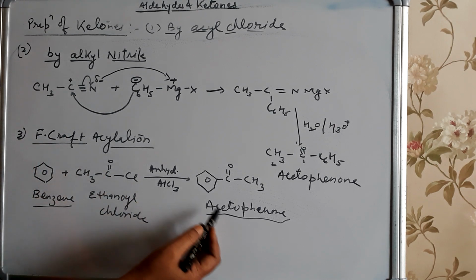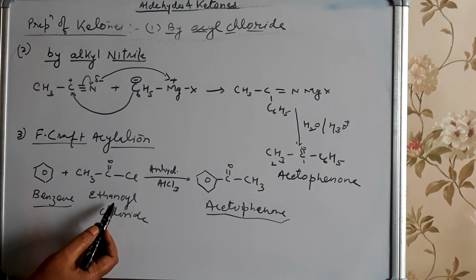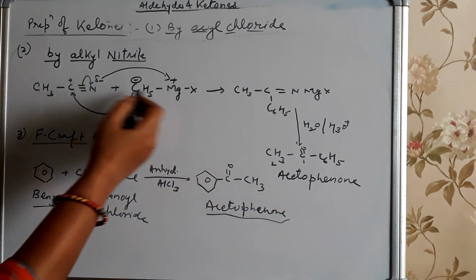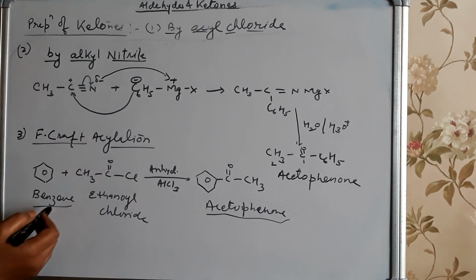Convert benzene to acetophenone by the Friedel-Crafts acylation. Convert nitrile to acetophenone by using Grignard. These two methods help to prepare the ketone.